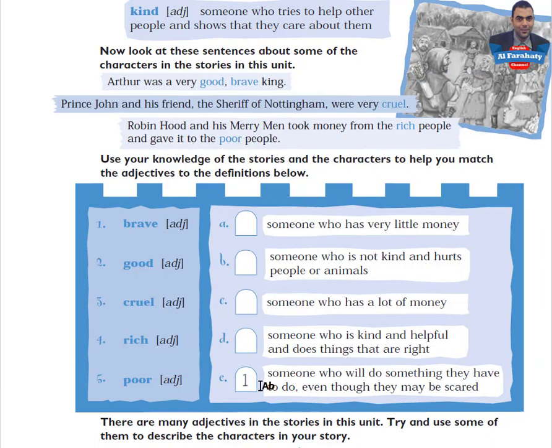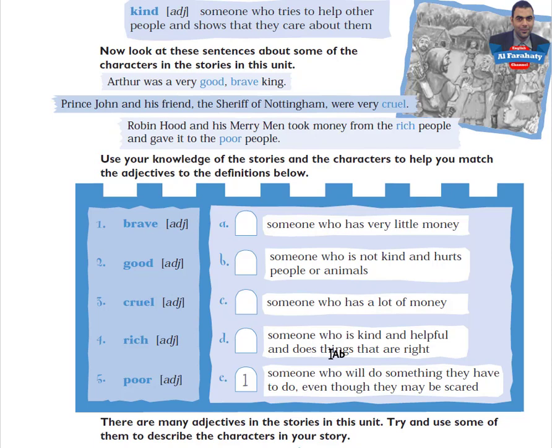Hello again. Now I'll match the adjectives to the definitions in order to check your answers. Number 1. Brave. Yes, it's done for you. Someone who will do something they have to do even though they may be scared. 2. Good.